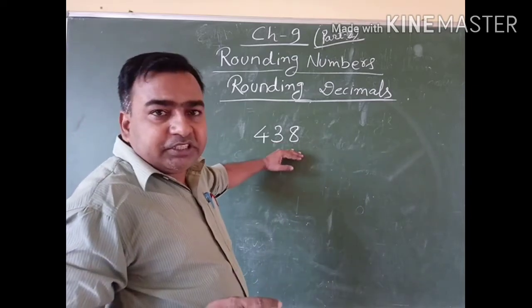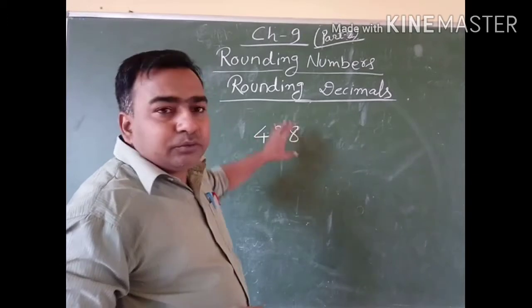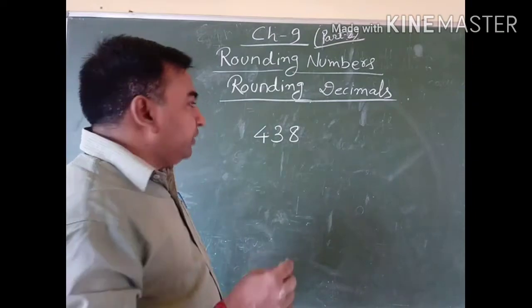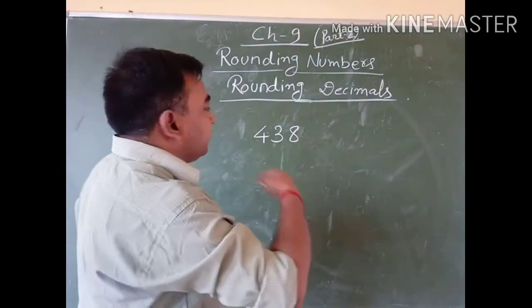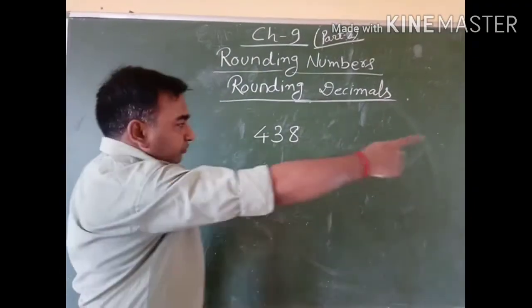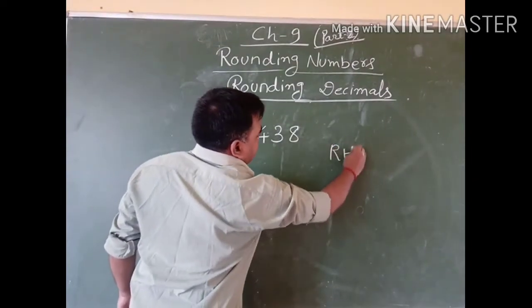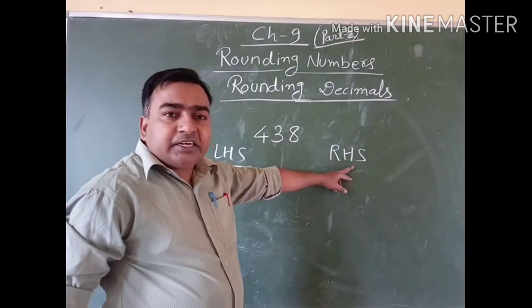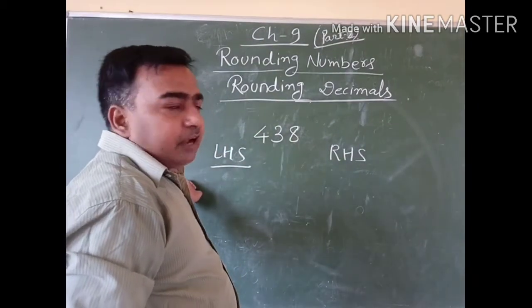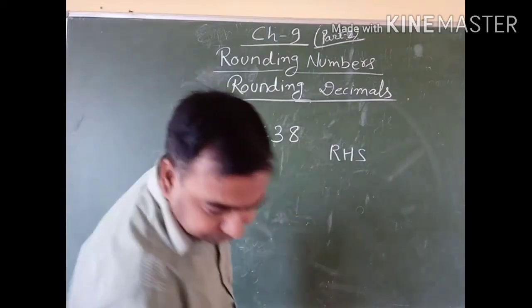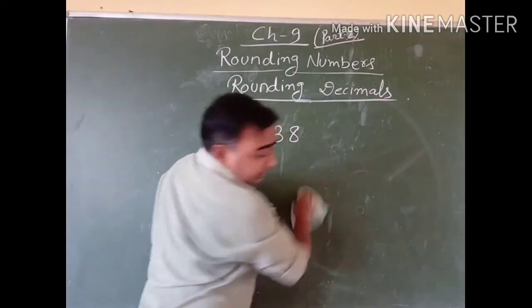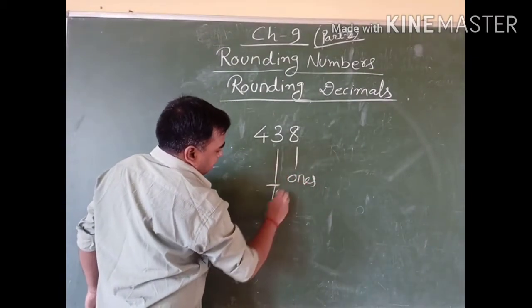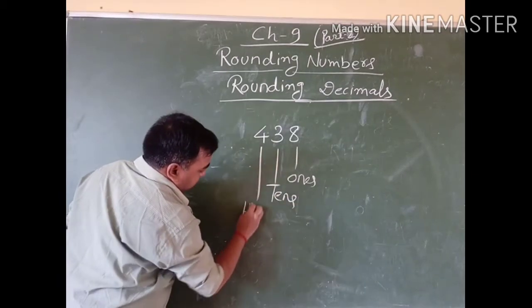But when we count this number according to the place of the given digit, we always start from the right hand side towards the left hand side, like 1, 10, 100.